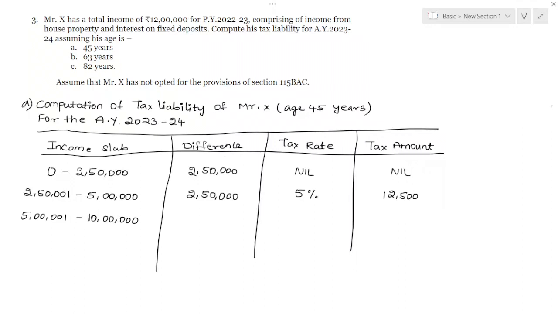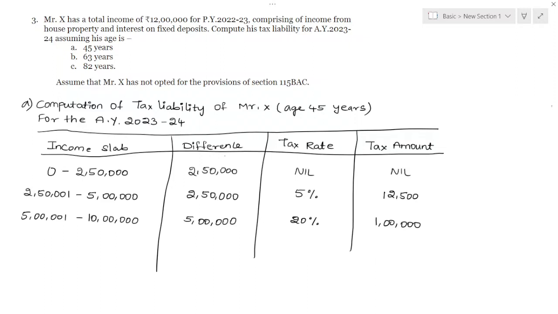Difference is how much? 5 lakhs. And tax rate 20%. Right? 5 lakhs into 20%, 1 lakh will come. Clear? Yeah. And what is the income given in the question? 12 lakhs. So we have to calculate the next step.